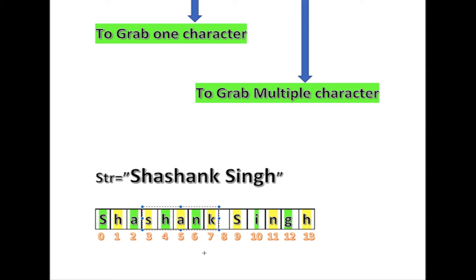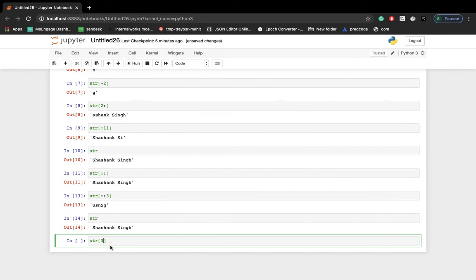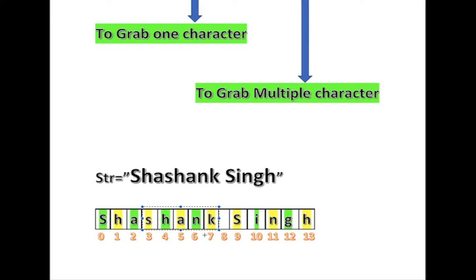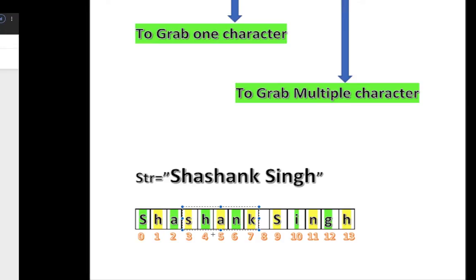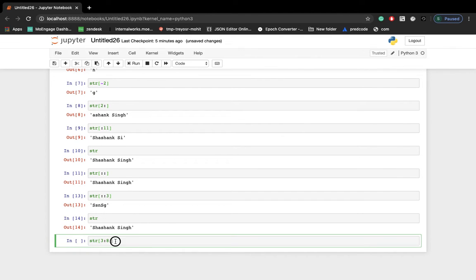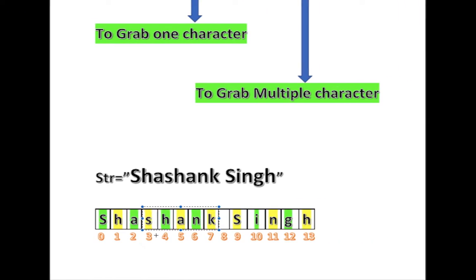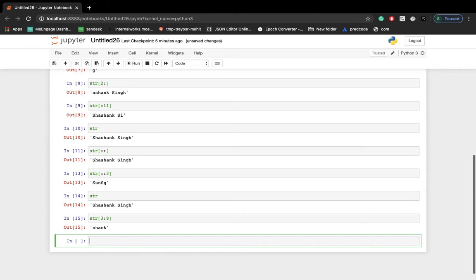So do we have to write 7? No, because as I told you, you have to write 8, which will grab till 7. Always write n, which will grab till n minus 1, which is 8 minus 1, 7. So what will you get? You will get shank. Let's check. Shank, got it? That's how you can do this.